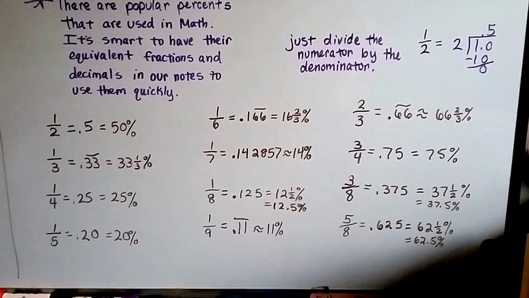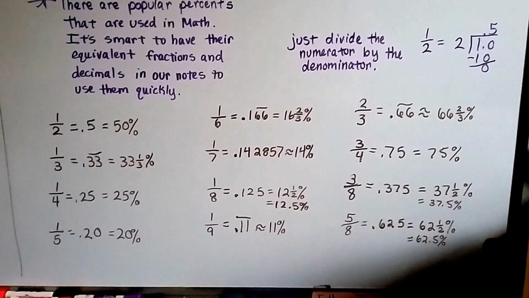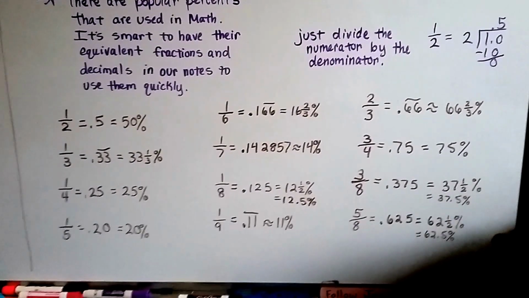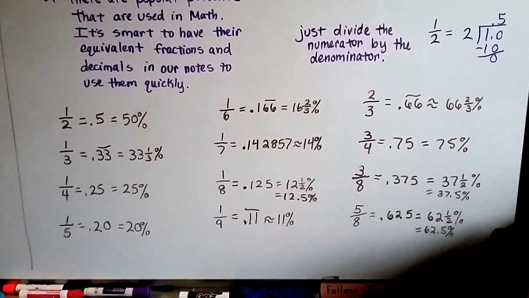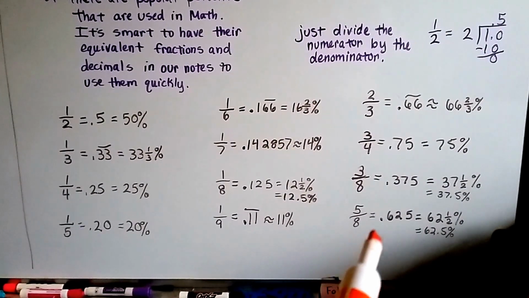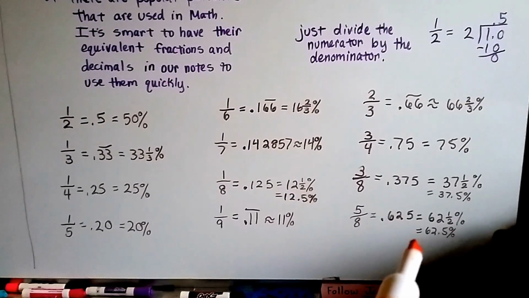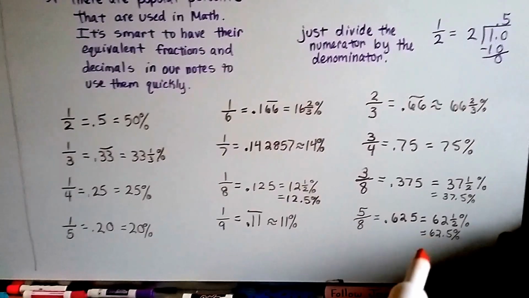3/4 is 0.75 or 75%. 3/8 is 0.375 or 37.5%. And our last one down here, 5/8, is used a lot. That's 0.625, which is 62.5%. Either way is okay.